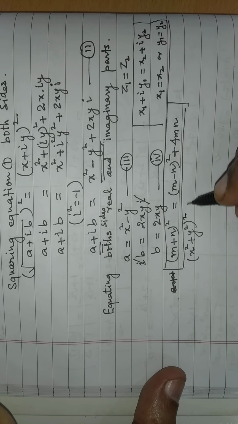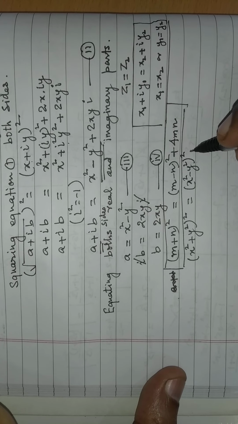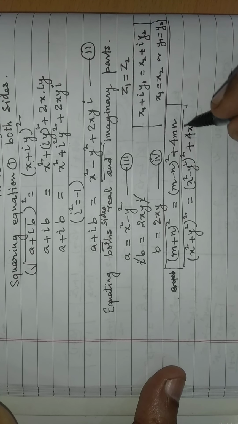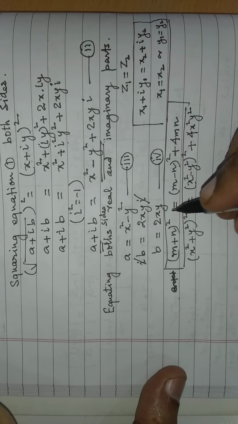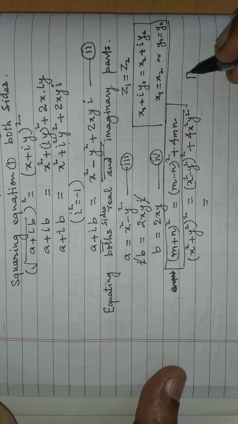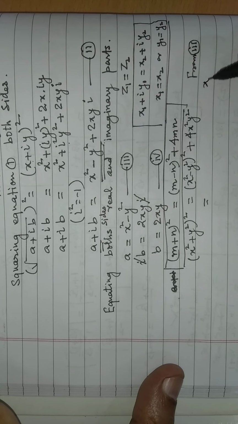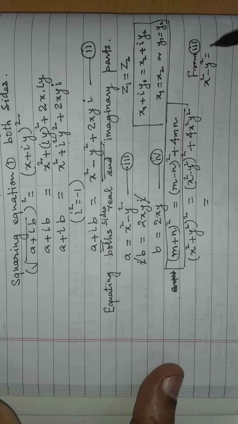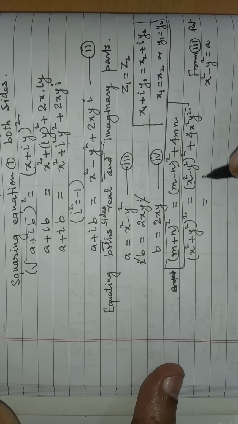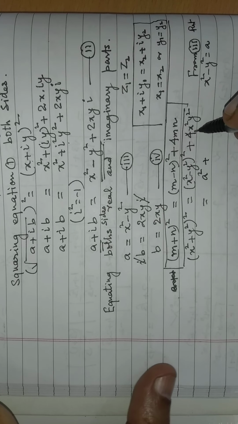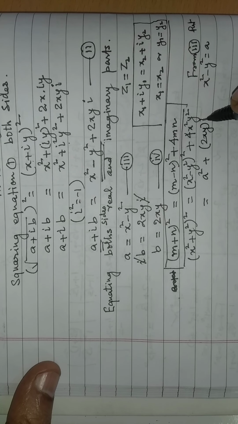So (x square plus y square) whole square is equal to (x square minus y square) whole square plus 4x square y square. Now in place of x square minus y square, from equation 3, we put a, so it is a square, and now 4x square y square can be written as (2xy) whole square.